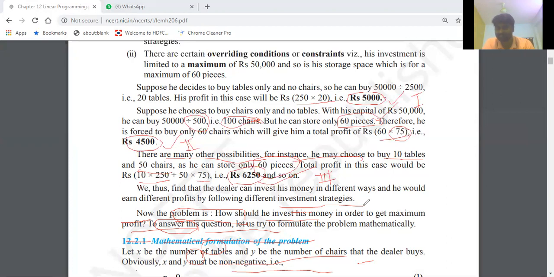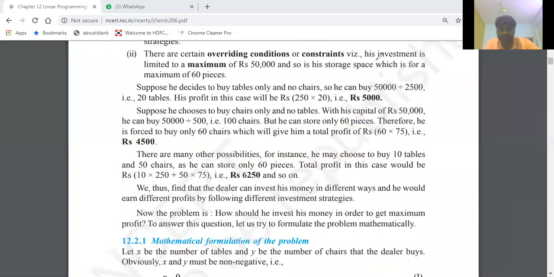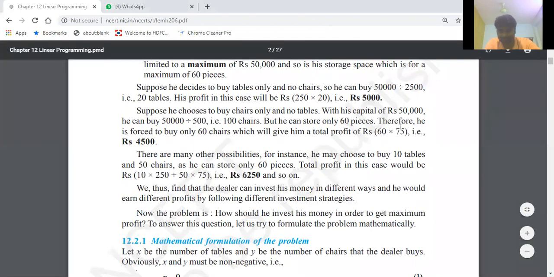To answer this question, let us try to formulate the problem mathematically. This is where the linear programming technique comes in. Let us go forward to solve this problem mathematically or graphically. Clear? Let us move on.